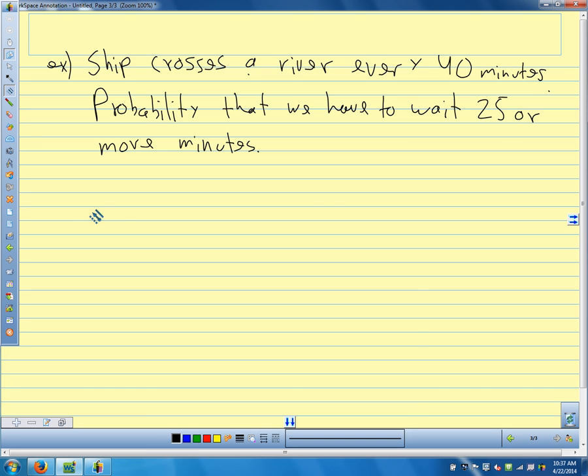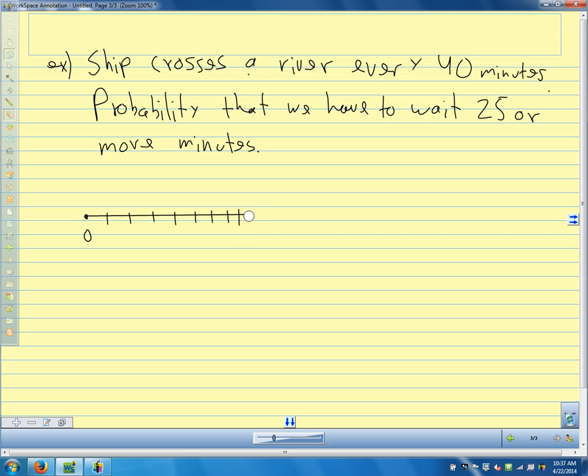So I'm going to draw a segment. And I'm going to count my minutes by 5, since we're talking about 25 here. So there's 0. So this would be we arrived at the station right as the ship is leaving. And then I'm going to do 5, 10, 15, 20, 25, 30, 35, 40.